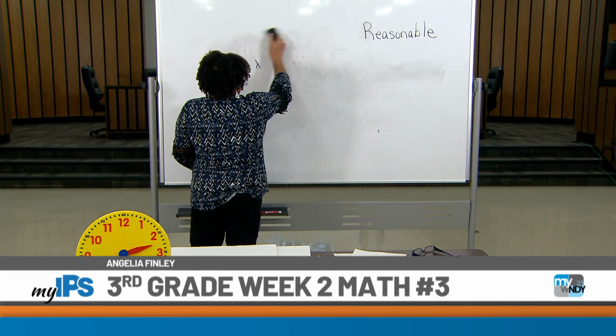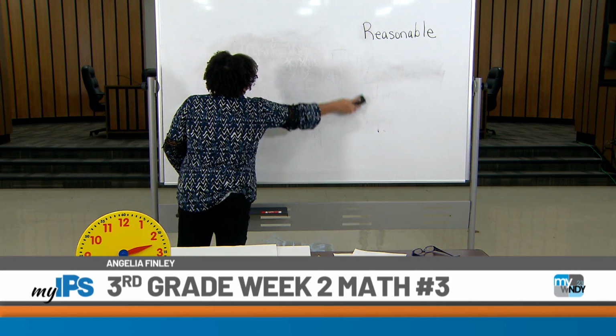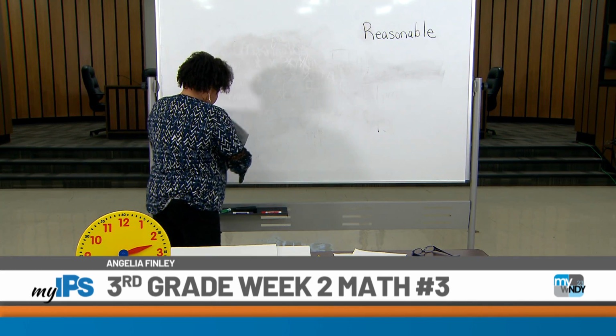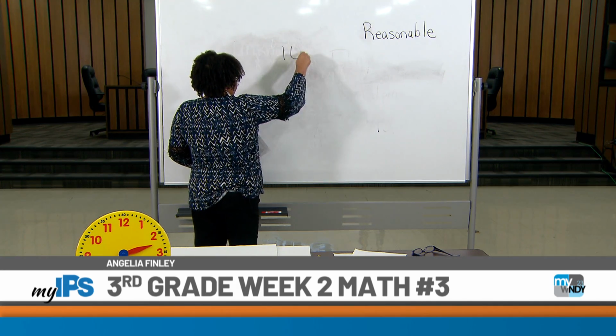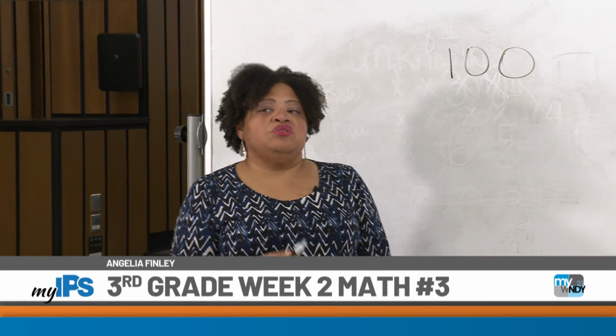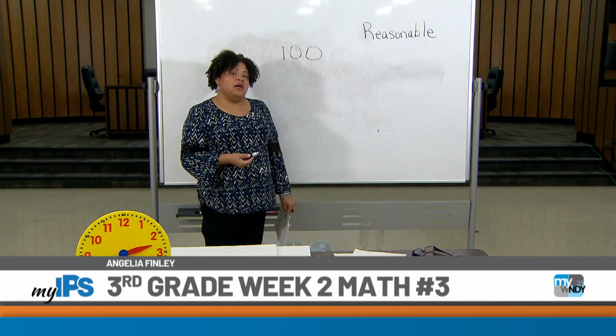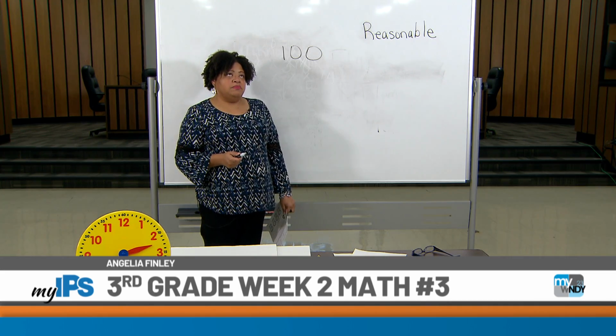I don't think I want to work with 1,000 because I feel like if I do that, I'll just give you the answer, and I don't want to give you the answer. So instead, I'm going to work with 100. Okay, so what 2 numbers can I use if I multiply them, and I'm going to get to 100? But they can't have a 0 in them.